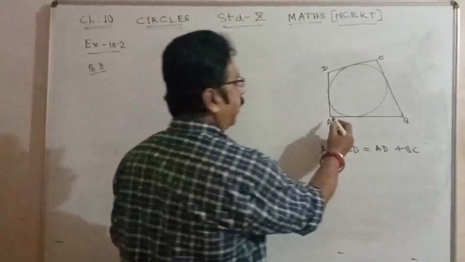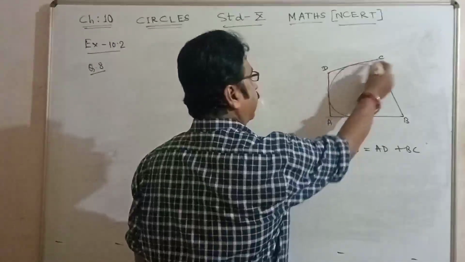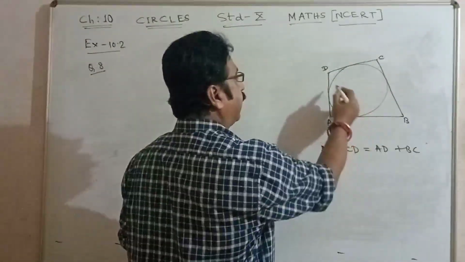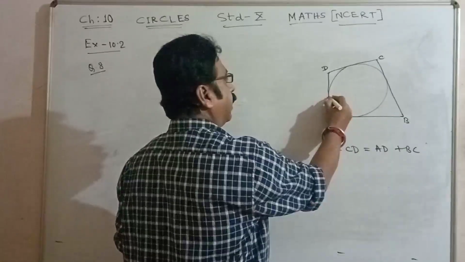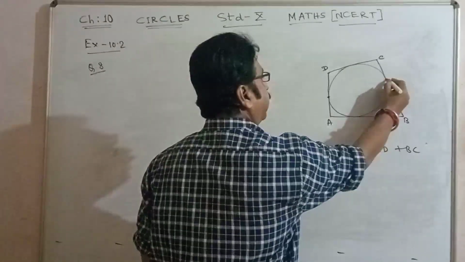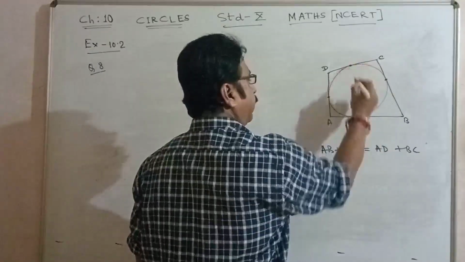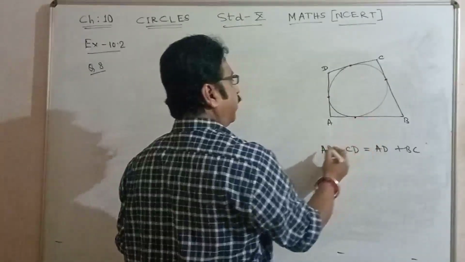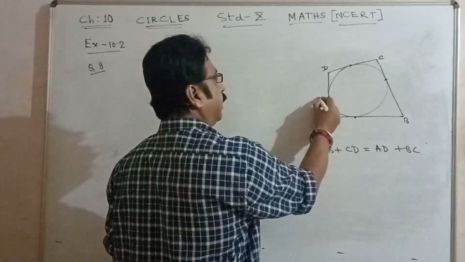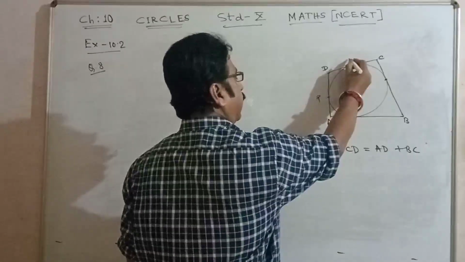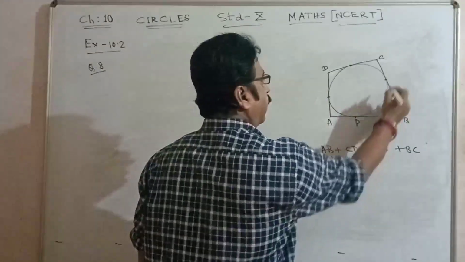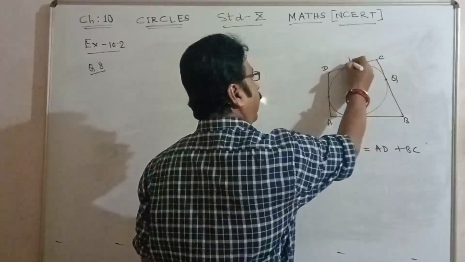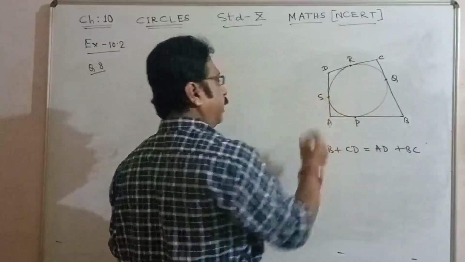AB means this plus this. These are the points of contact. Suppose this is P, Q, R, S.